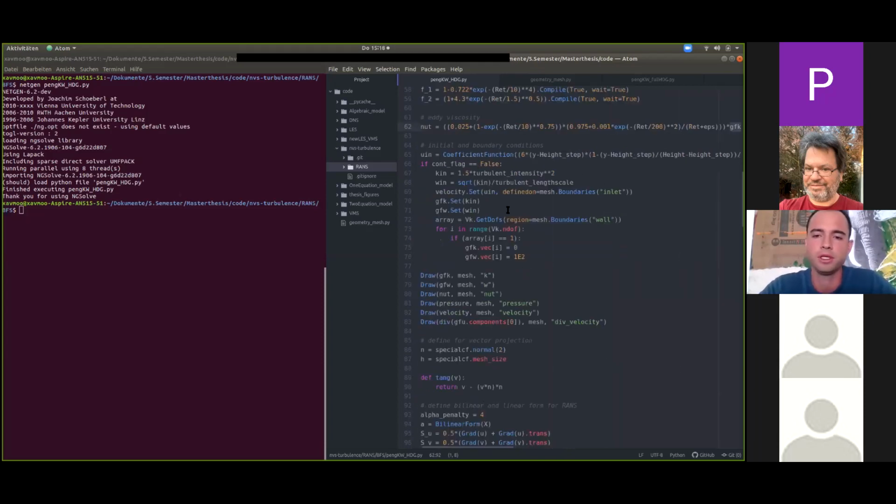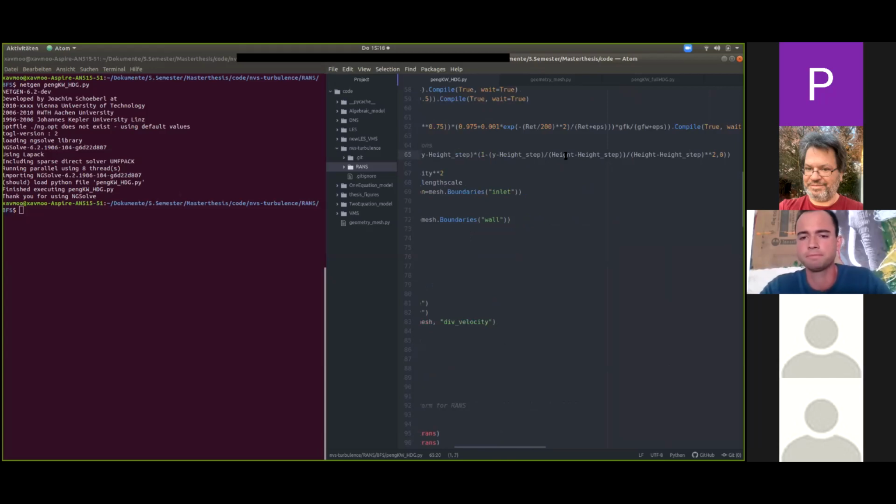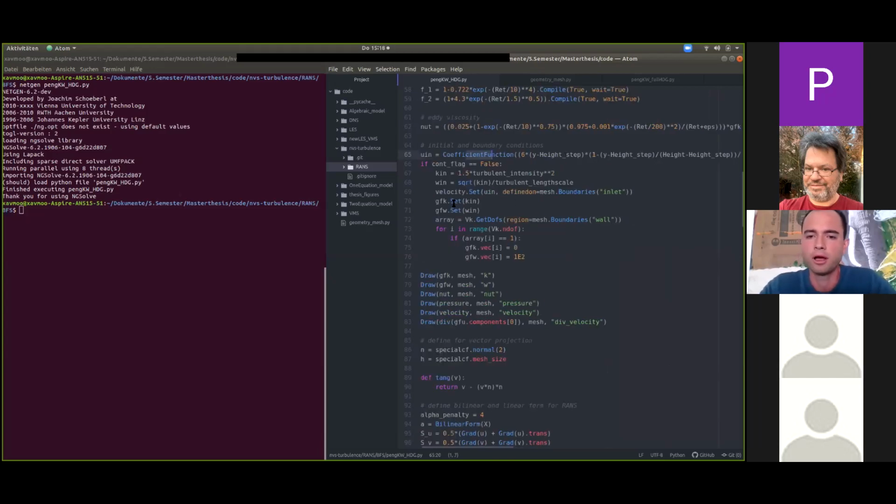After that, we set our initial and boundary conditions, which is also quite straightforward. As we have an inlet velocity boundary, we define a laminar parabolic velocity profile there. If there is no state loaded, we set them at the inlet mesh boundary.